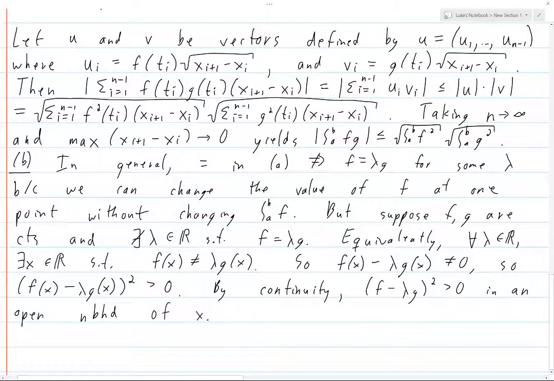And what is an open neighborhood? We don't know yet because we haven't learned the definition again. So again, we're using things that we don't know because that's what we need to do in this exercise.